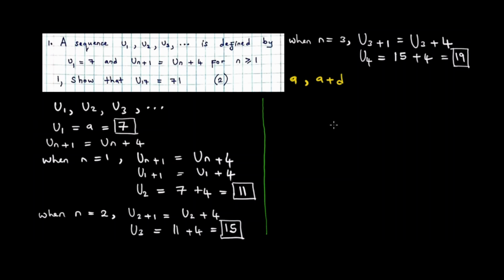So a plus d is the second term, then the third term is a plus 2d. What I'm trying to explain is, when we have the first term a, we add a common difference, which is d, to a to make a plus d, which is our second term.